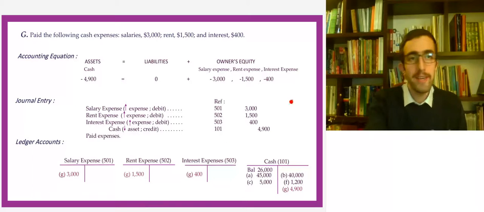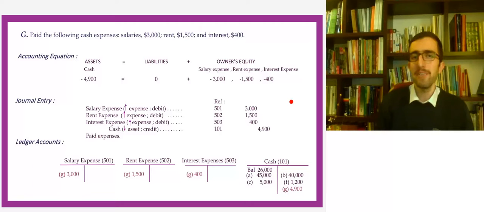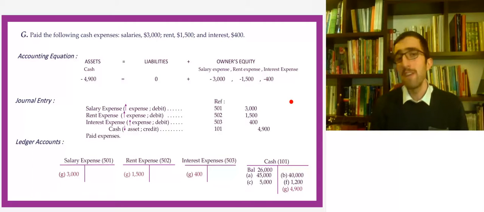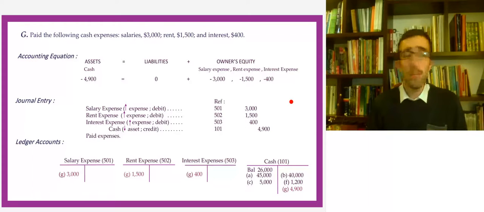Another transaction is paid the following cash expenses: salaries expense $3,000, rent expense $1,500, and interest expense $400. This transaction is very interesting because we have two ways to record it. One is separate entries, for example, salary expense $3,000 on the debit side and cash $3,000 on the credit side.